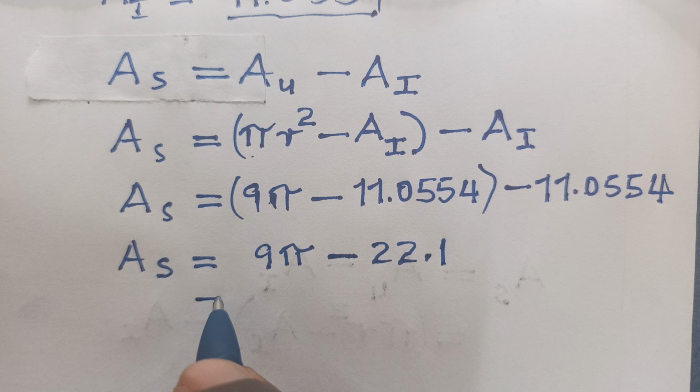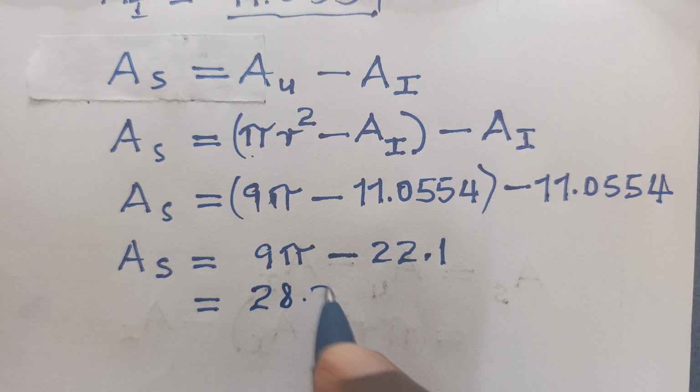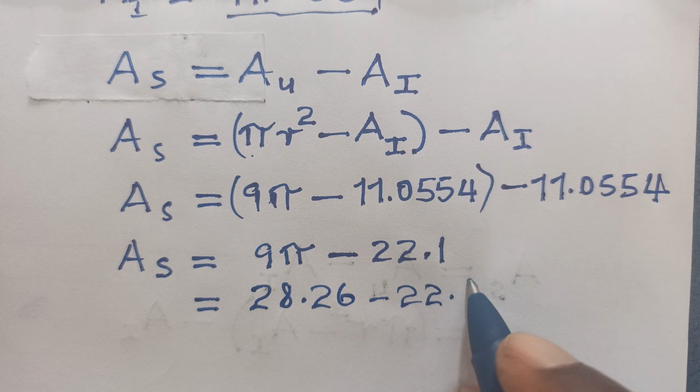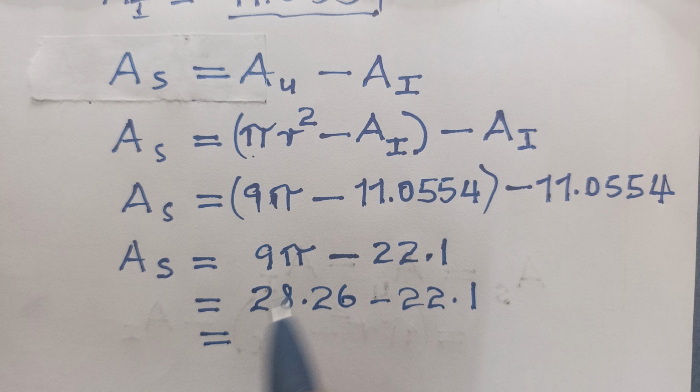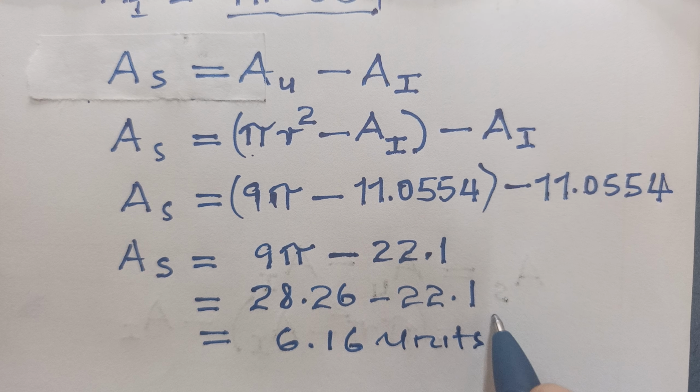Guys, 9 pi is supposed to be 28.26. Now minus 22.1. And therefore, guys, this comes to 6.16 units squared.